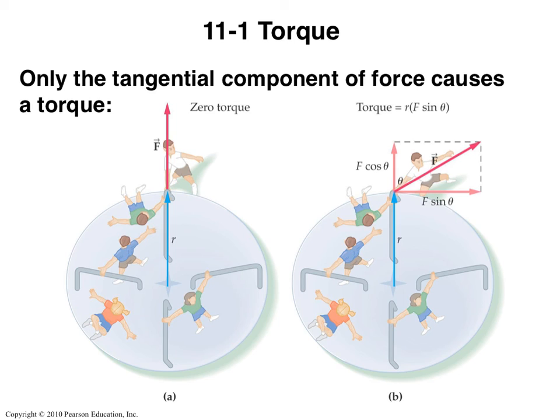From experience, you know that you actually want to push or pull tangent to the radius of rotation, right? So what happens if you actually apply a force that is not tangent to the circular arc around the axis?